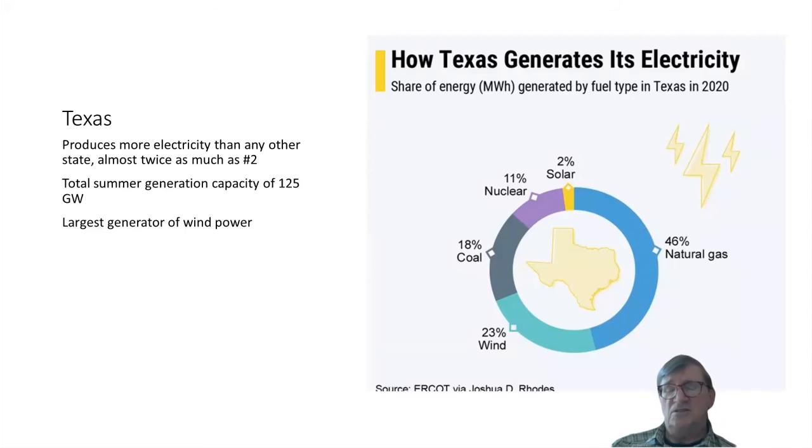Texas's generation capacity peaks in the summer at 125 gigawatts, a little over 10% of the total U.S. energy production. And it is the largest generator of wind power in the country.